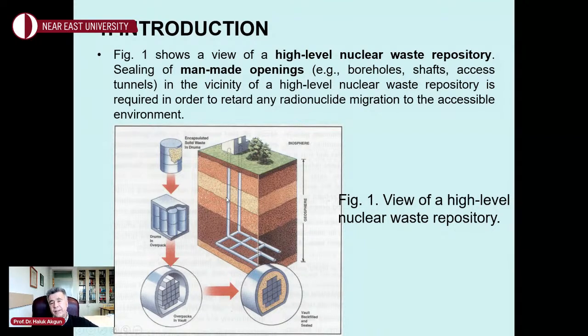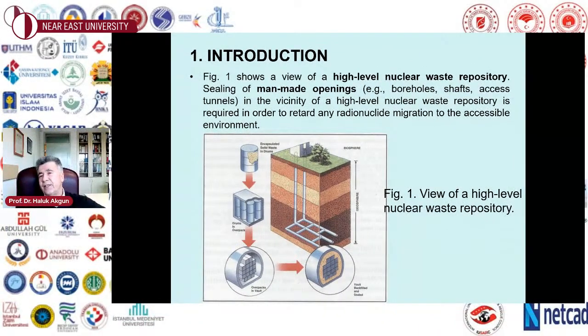So we are usually installing plugs or seals in these shafts, access ways, tunnels, boreholes, any opening within the vicinity of an underground waste repository. The materials that are popular are bentonite sand mixture, and expensive cement formulations for this purpose.